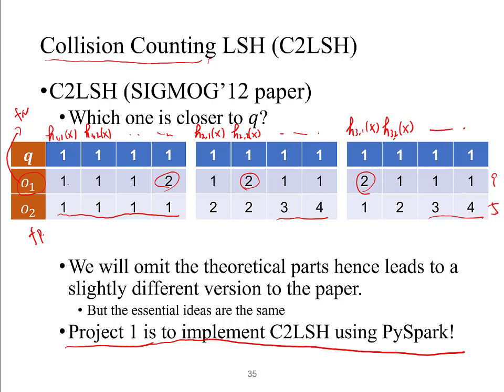So for the project, please stick with the algorithm described in the lecture slides rather than in the paper. The essential ideas are the same and the result won't change a lot. I simplified the original algorithm, so you are only required to implement a light version of C2LSH.